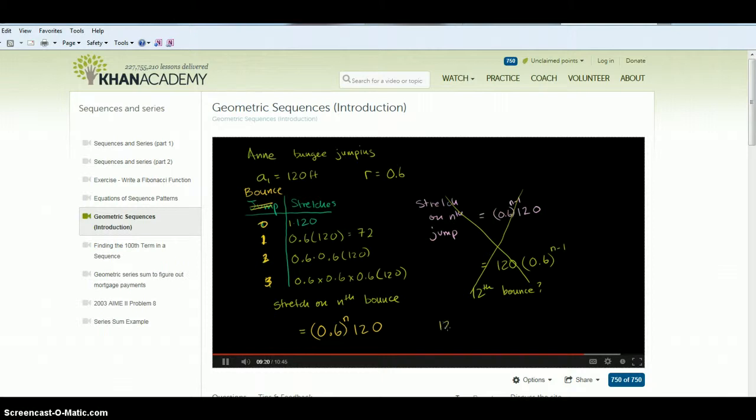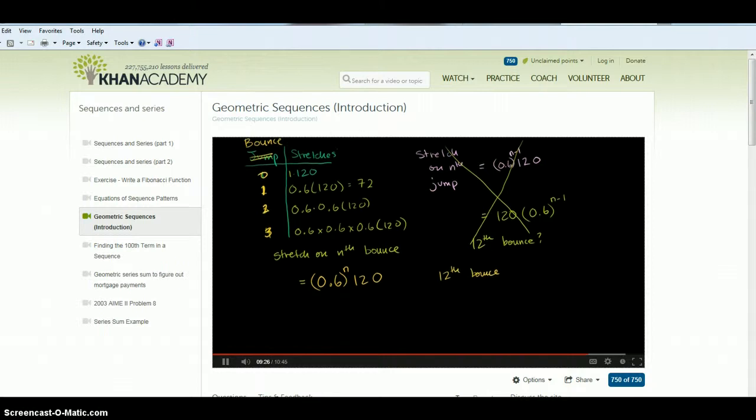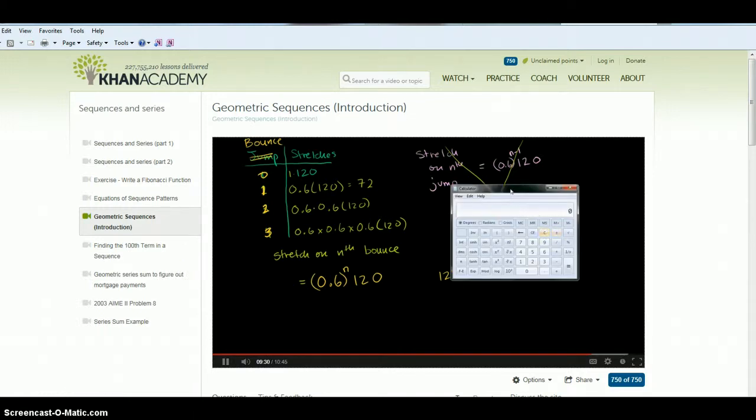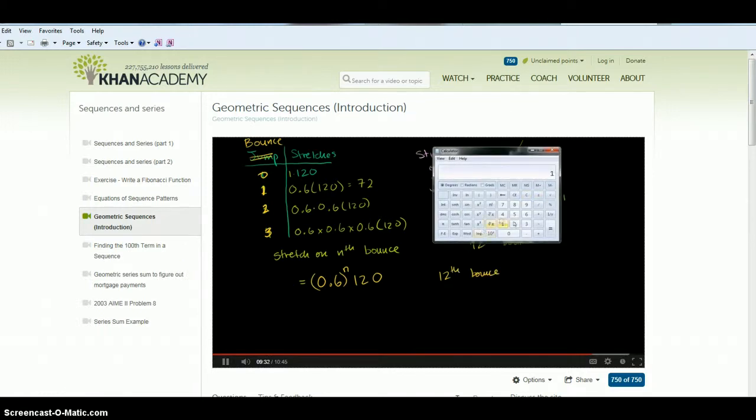So what about the 12th bounce? Using this convention, let's just get our calculator out. We're going to have 120 times 0.6 to the 12th power.